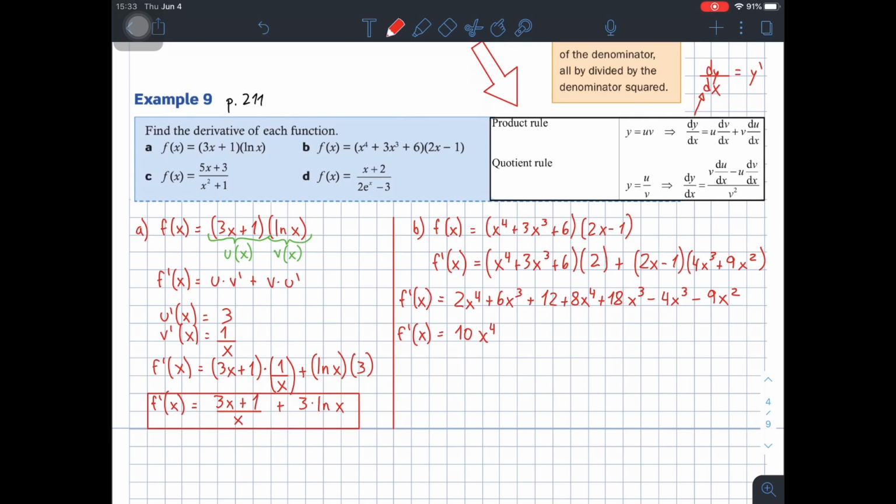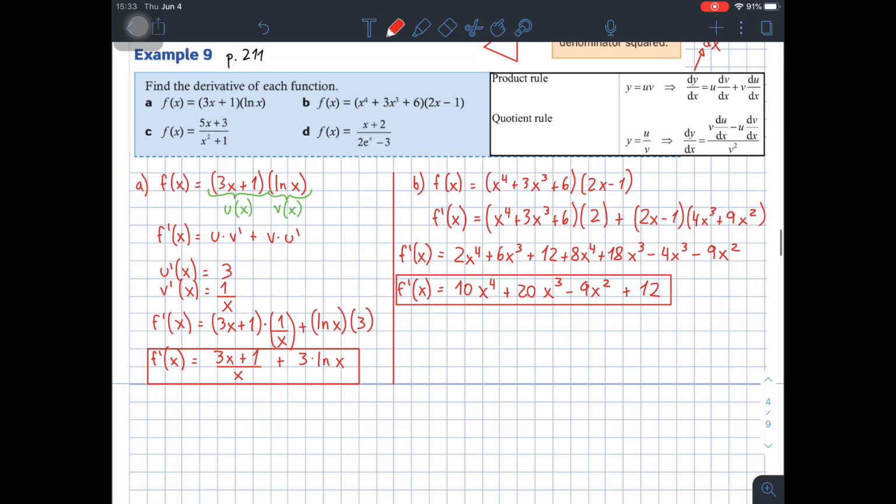So this is plus 20x cubed. Then we have x squared, there's only one x squared, which is minus 9x squared. Then we have x, do we have x? No, we don't have x, so it's just plus 12. So this will be the final result of the derivative of f in this case.